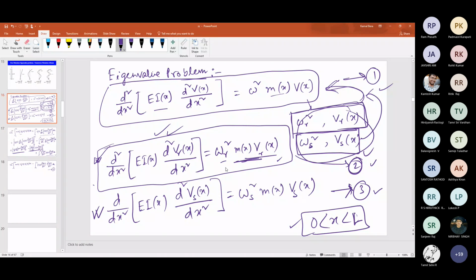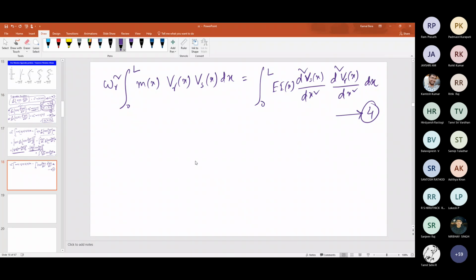It is in a similar manner, not the same. So multiplying equation 3 by V_r(x) and again doing integration by parts twice, we get omega s square integral of m(x) V_r(x) V_s(x) dx equals integral from 0 to L of EI(x) d2V_s/dx2 d2V_r/dx2 dx.